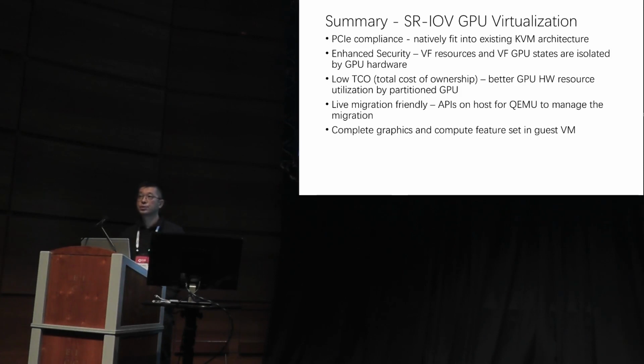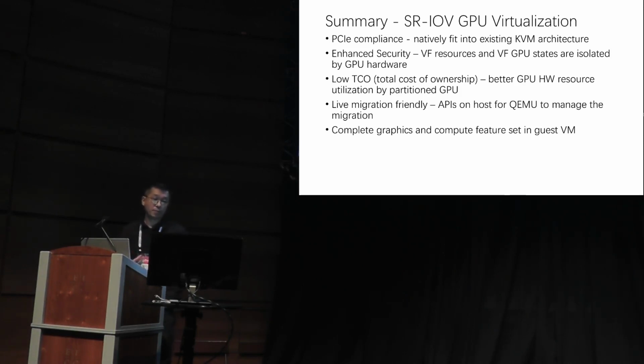AMD's GPU has hardware protections for the GPU state and frame buffer isolation, so one VF cannot access the other VFs or the PF, but the PF is able to control all of the VF status. And it has a low TCO. The total cost of ownership is pretty low because the GPU hardware resources can be partitioned any way you like. And it is also live migration friendly.